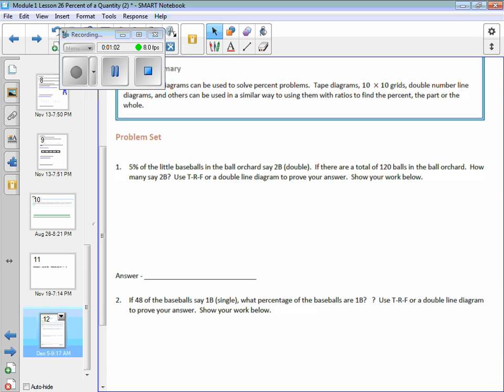As soon as you see how many are there that say this, they are asking for a number. They're not asking for a percent, which also makes sense because the 5% is actually being given in the question. So they're asking for the number of baseballs that say 2B.